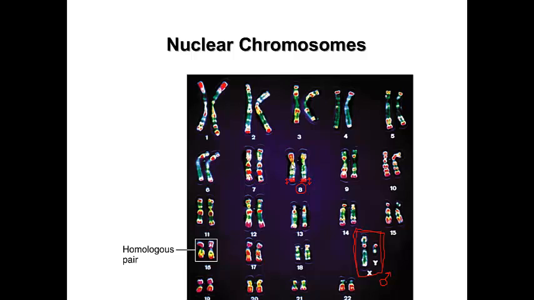The position of a single gene on either chromosome is called its locus. The plural is loci. The locus of the same gene on the homologous chromosome will be exactly the same. Okay, so within this area, if you have gene number A right here, gene number A will also be found in the same area on this homologous chromosome.